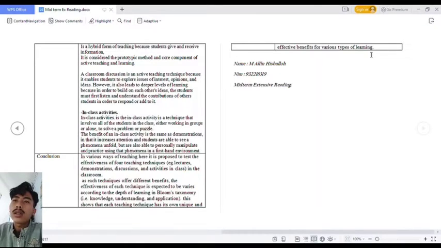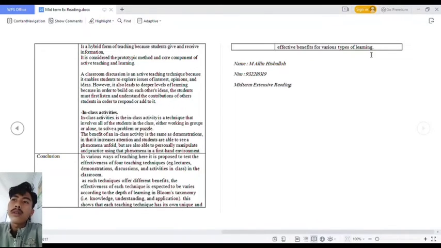And the final conclusion: among various ways of teaching, this study proposed to test the effectiveness of active teaching techniques, for example, lectures, demonstration, discussion, and activities in the classroom. Each technique offers different benefits.